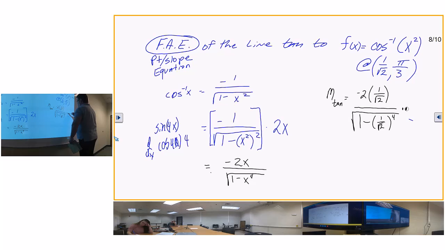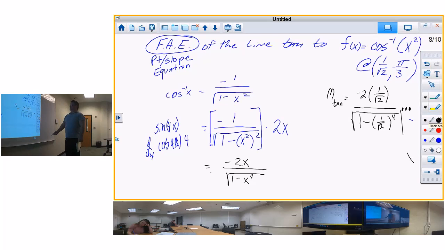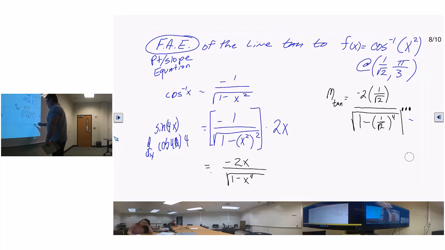And if you were in Dr. Harden's class at Clemson, he would just draw an arrow and go, that means you know how to do this. It took me like 3 weeks into the semester to figure out that's what he meant. Don't think I'm kidding. I'm not.